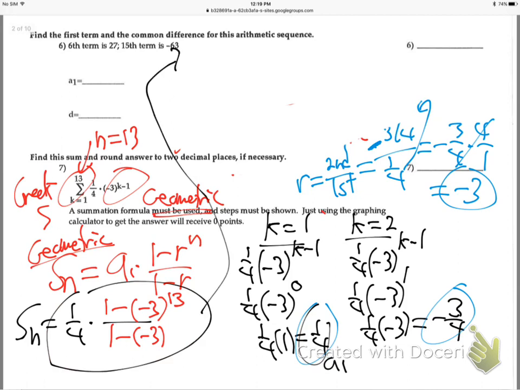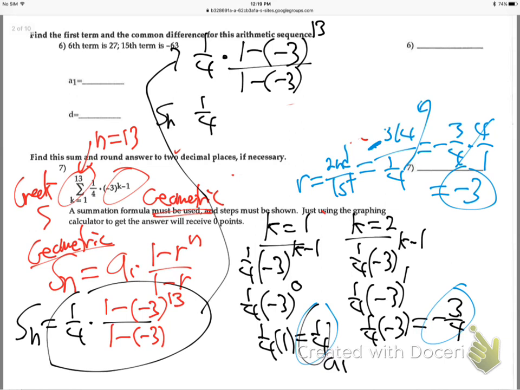So it's 1/4 times 1 minus minus 3 to the 13th over 1 minus minus 3. Okay. So S sub n is 1/4 times. Now, the double negative is positive top and bottom, right? Careful, though. That's right. What I just wrote is right.